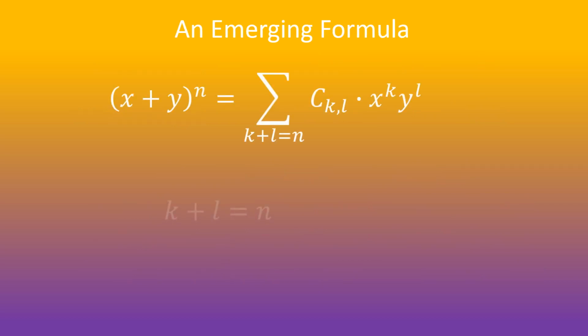Alright, so this gives rise to an emerging formula. So we're going to take the sum over k + L = n of some constant, which we'll call the aggregation constant, as a function of k and L, times x^k y^L. And since k + L = n, we can say that L is equal to n - k.